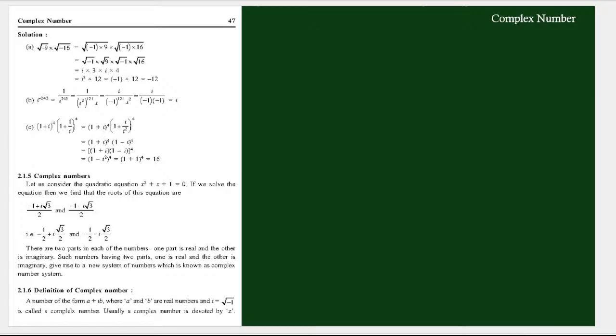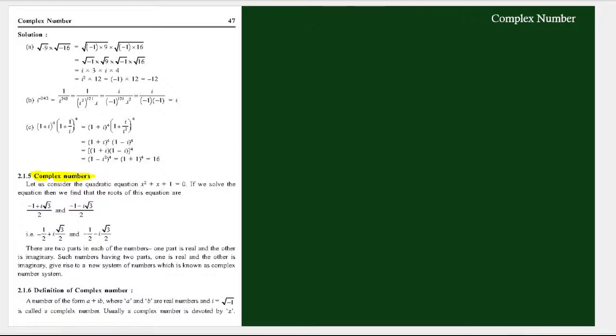So now let's come to the main picture. What is a complex number? Now, if a real number is associated with an imaginary number, such a number will be called your complex number, not a pure imaginary number.